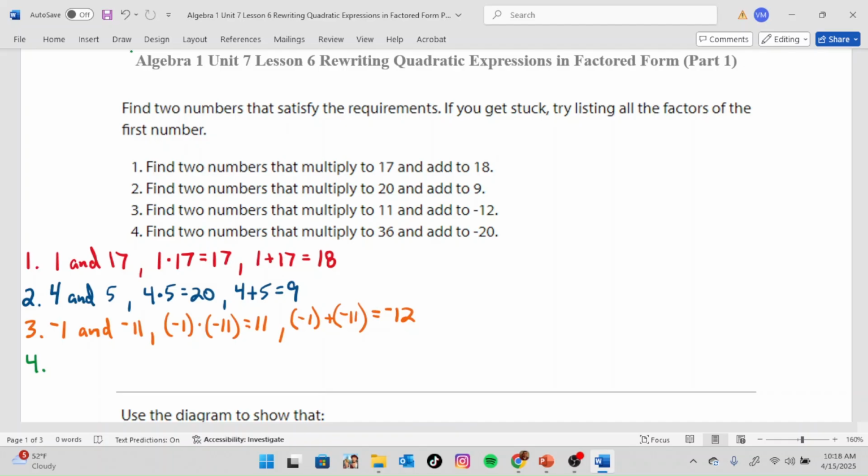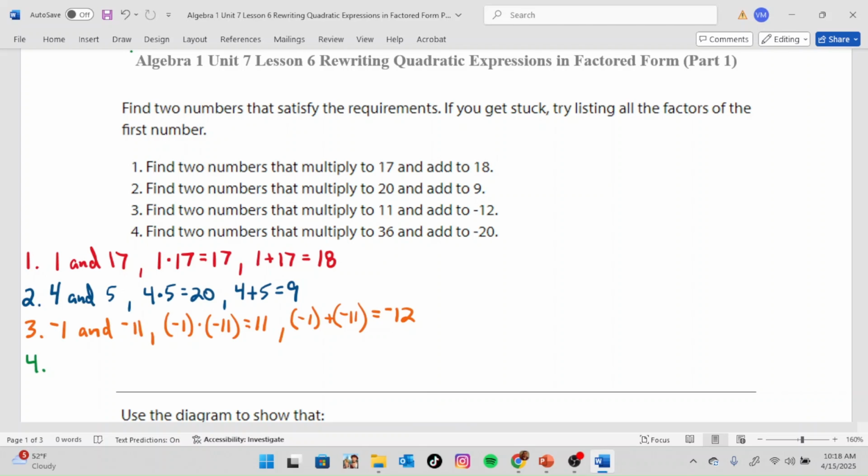So if I start thinking about it, 1 and 36, they're only 35 apart. 2 and 18. Well, I could make 2 and 18 come together to be 20, but a positive 2 and a positive 18 aren't going to give me negative 20.